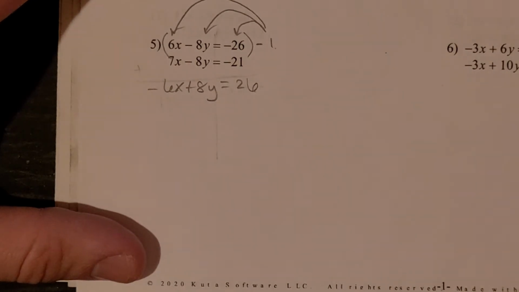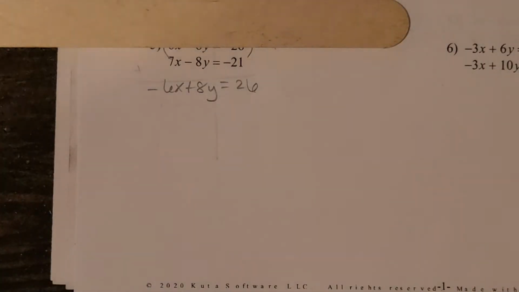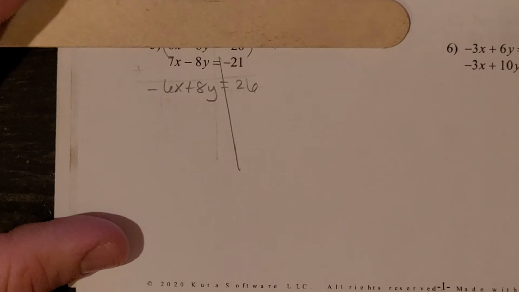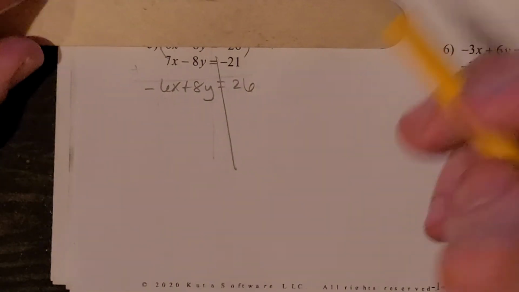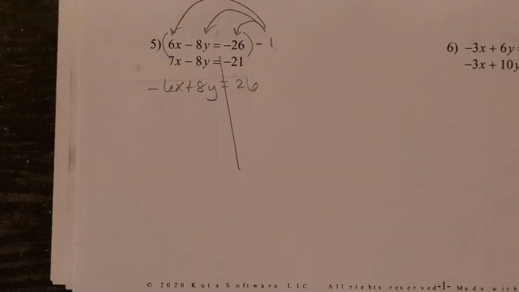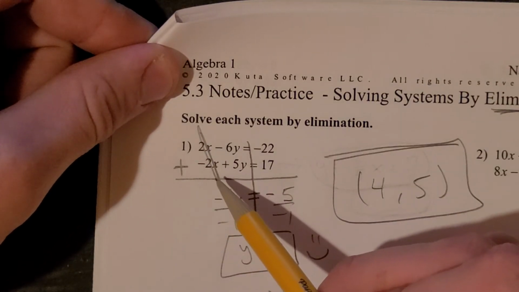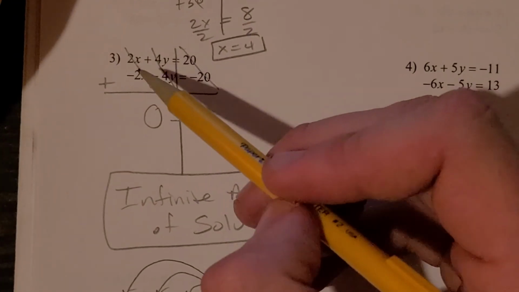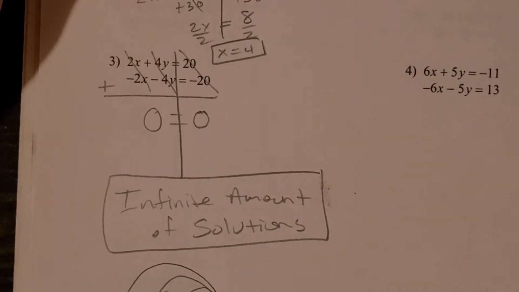Now, I am going to ignore that equation, and I'm going to proceed as if what I'm staring at right now were my original problem. Here's what I did in layman's terms. I didn't see two things that were going to cancel out. For instance, like in number 1, 2x minus 2x, those canceled out. In number 3, 2x minus 2x, or 4y minus 4y, those canceled out. Now, those have a name.